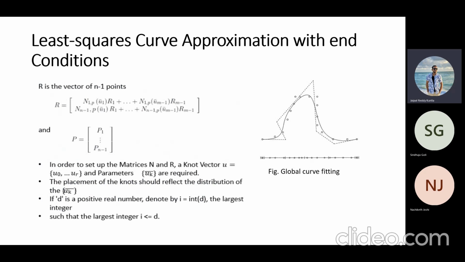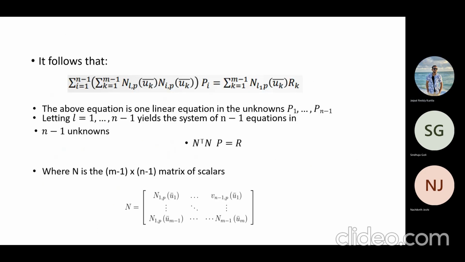R is a vector of n − 1 points, where R equals the matrix given in the slide, and P equals P1 through Pn−1, where U is considered from u0 to ur, and parameters uk are required, where i is less than or equal to d. So it follows the initial equation which we discussed in the earlier slides.